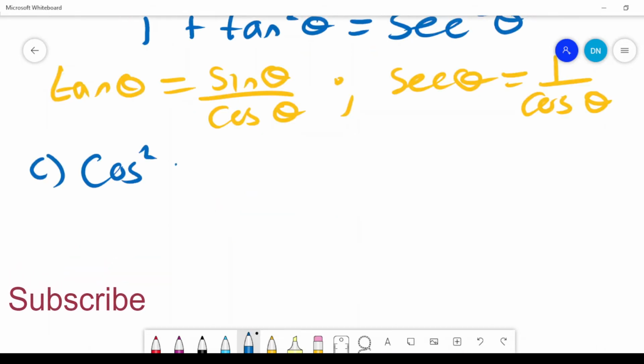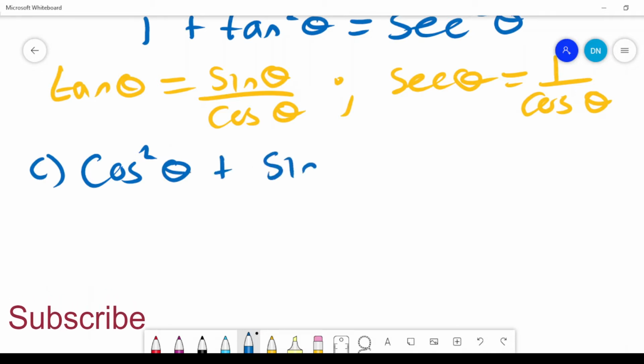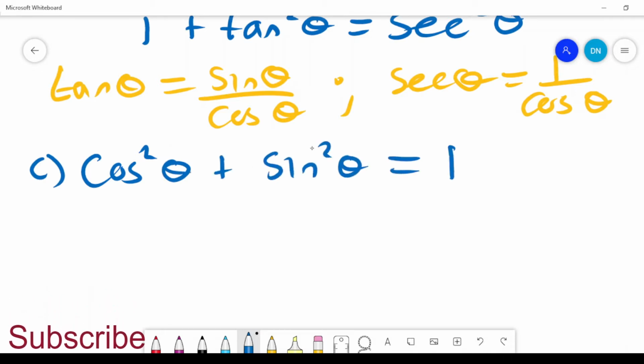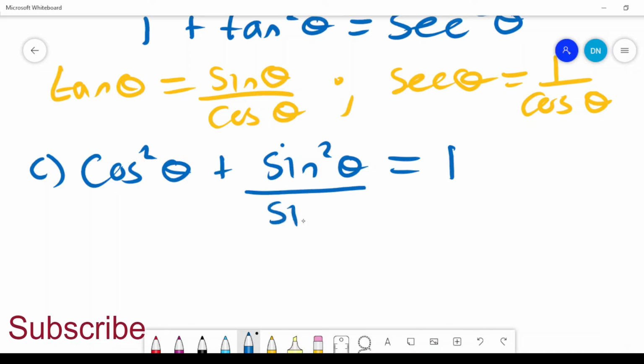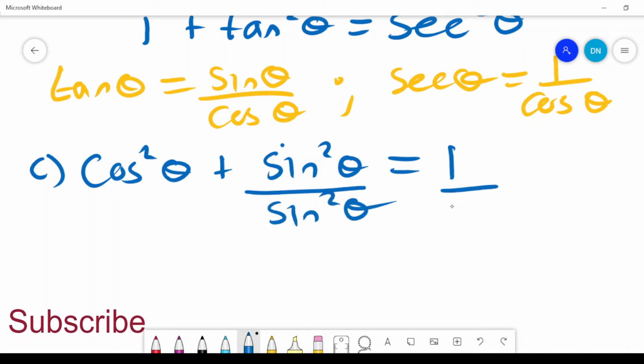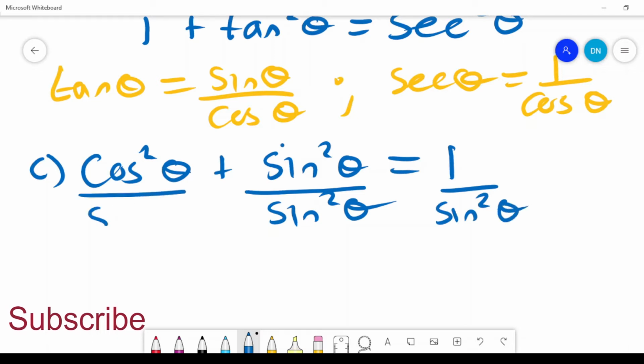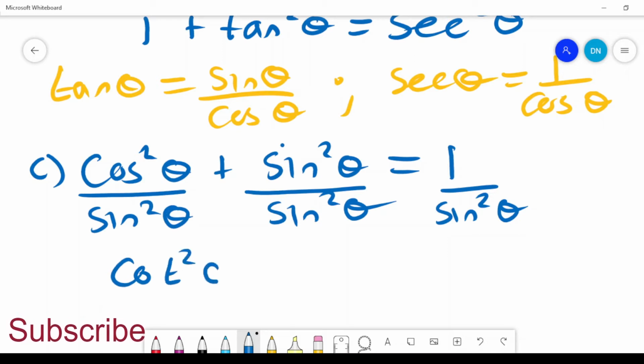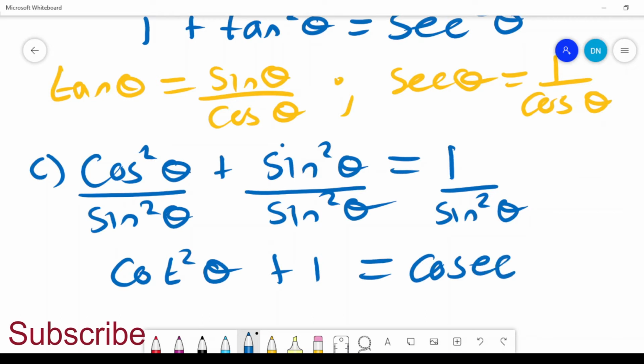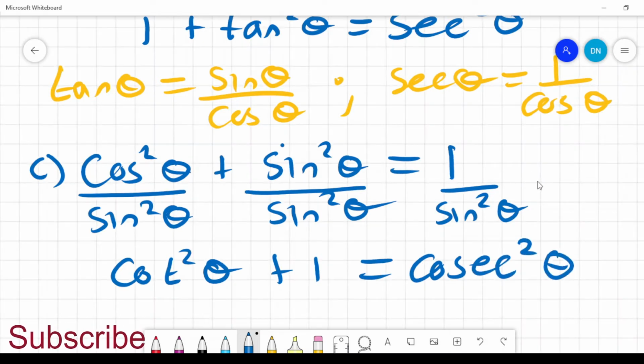And with another identity, by dividing through with sine squared theta, this gives me cot squared theta plus 1 is equal to cosec squared theta. How do I arrive at that?